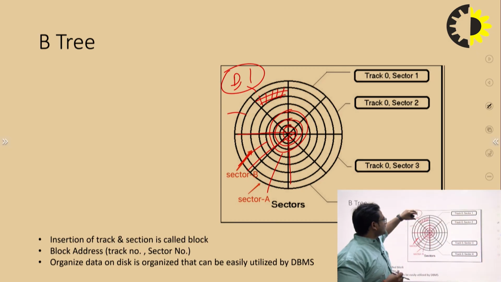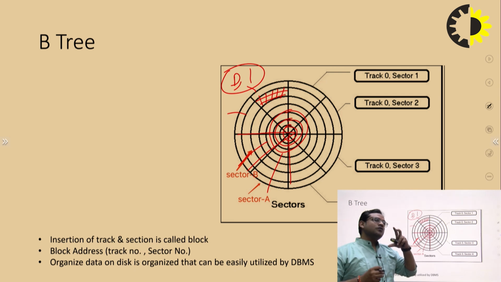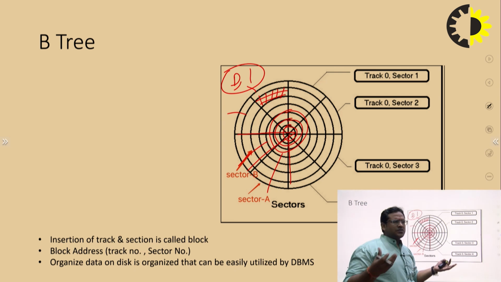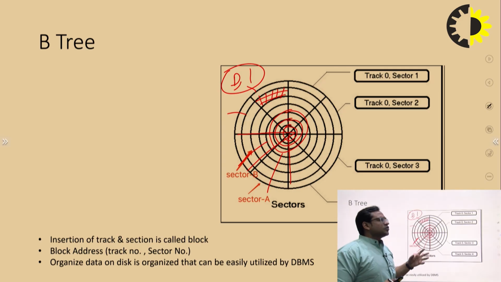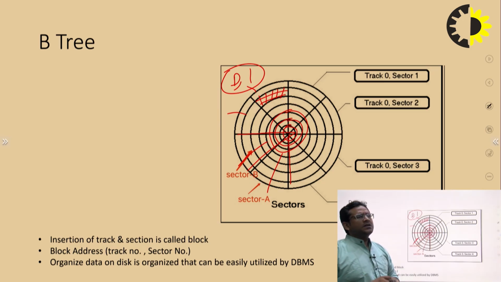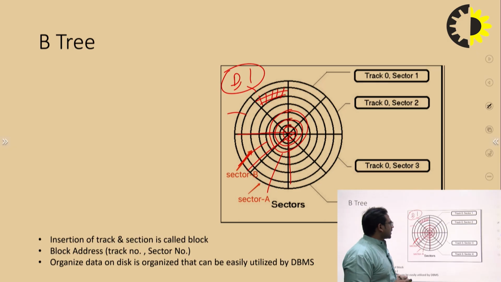And what is the size of that block? The size of a block is totally dependent upon the manufacturer. There are so many manufacturers producing hard disks, and they take the size depending on their architecture.